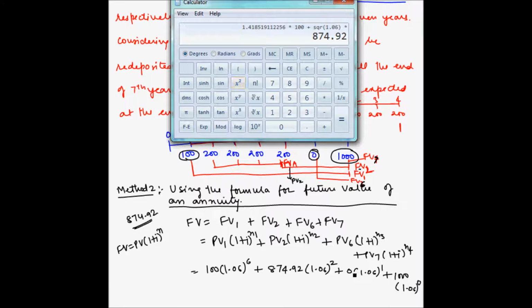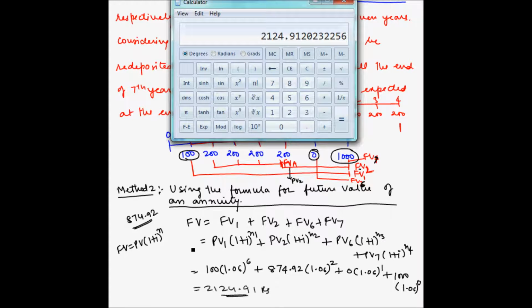Now 0 into anything is 0, so this will be 0. And 1.06 to the power 0 is 1, so 1000 into 1 is 1000. So plus 1000, this is equal to 2124.91 rupees. Now this is the same answer that we got using method 1.